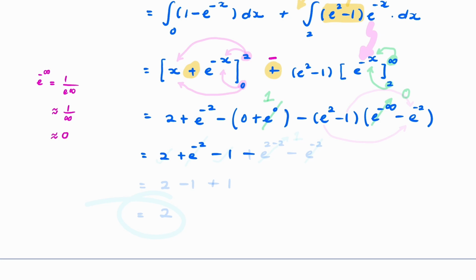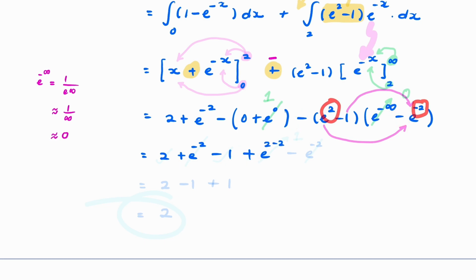Now I think we're going to need to expand these brackets, so we're going to multiply the e squared by e to the negative 2, and then multiply negative 1 by the same. So that will give me negative is positive, e to the power 2 minus 2.